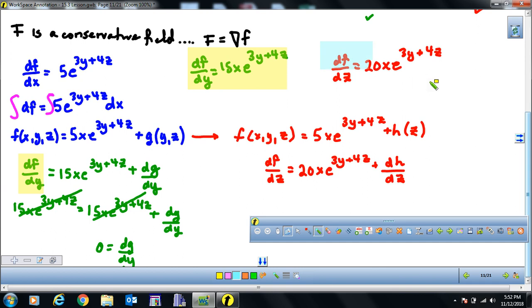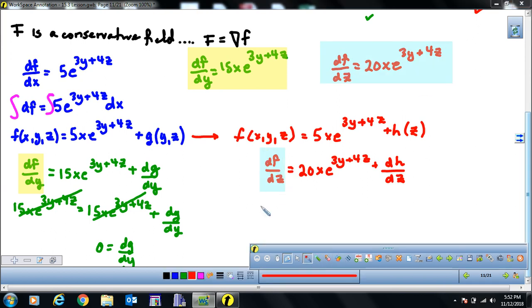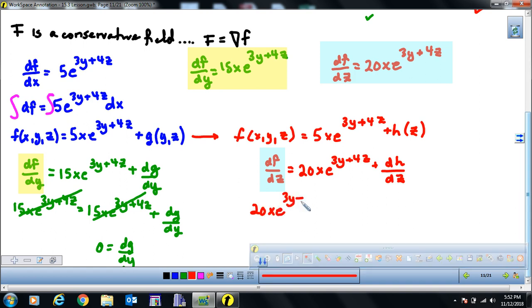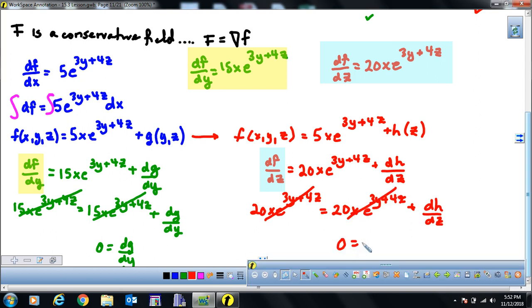We already know this value, so I'm going to plug it in here. So then we have that 20x times e to the 3y plus 4z equals 20x times e to the 3y plus 4z plus the derivative of some function h with respect to z. So that tells us that also this function does not depend on z, because we got a 0.